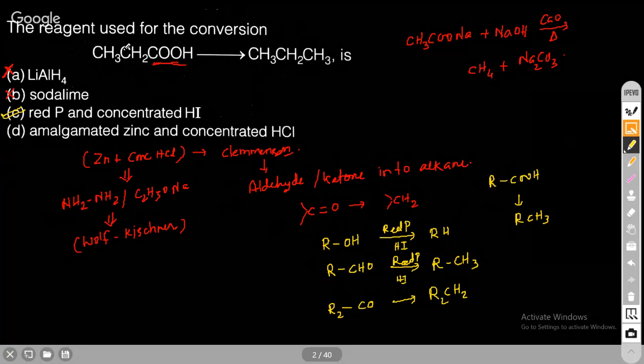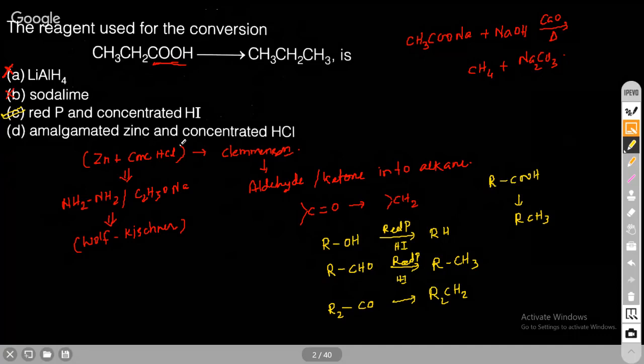I think there is I2 also there. Yeah, that's with iodine, right? This is the preparation method of alkane from carboxylic acid or any other compounds containing oxygen: alcohol, aldehyde, ketone, or acid. Okay, so you must remember this.